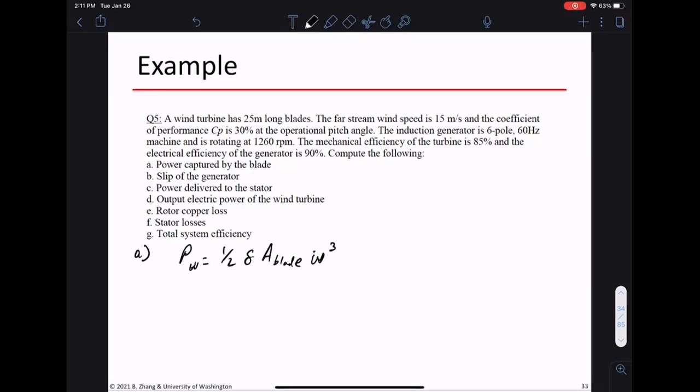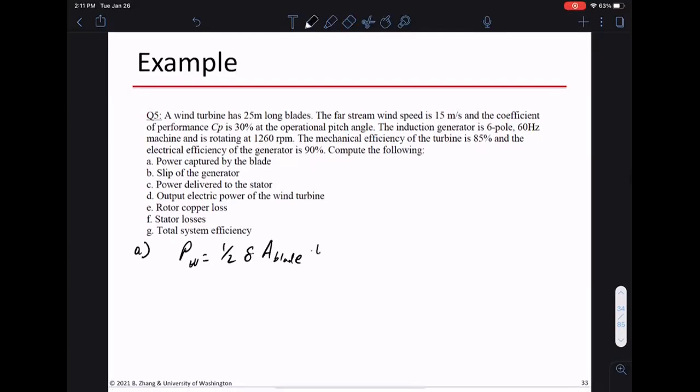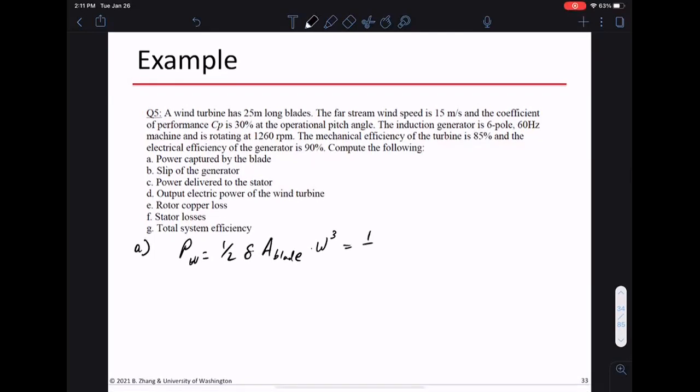We'll put C_P in later, so let's just compute the power in the wind without multiplying by the coefficient of performance. I'm going to assume rho being 1, so this is half times 1 times pi times 25 squared times 15 cubed. This is 3.31 megawatts of power. This is the power in the wind. We haven't multiplied by C_P yet, so we'll do that later.